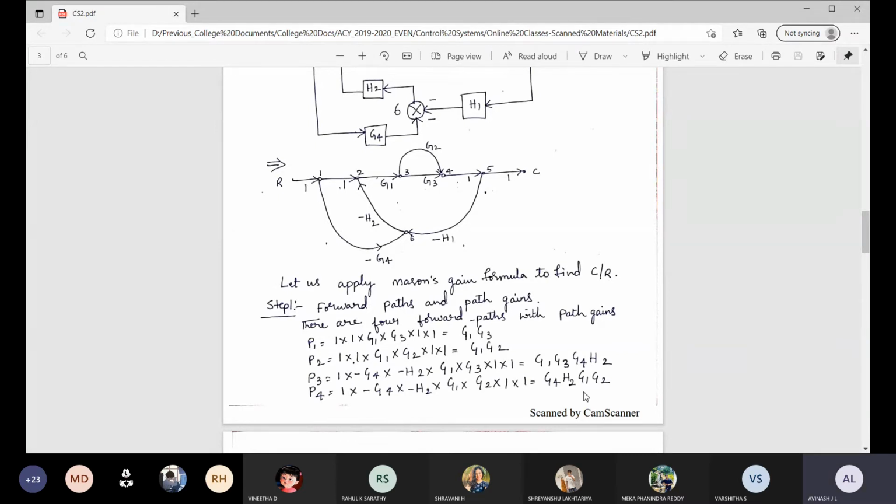So how many loops are there now? Sir, 4. Four loops are there, but what are the four loops? G1, G3.